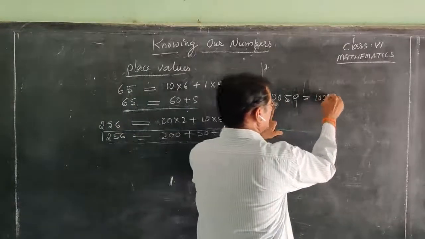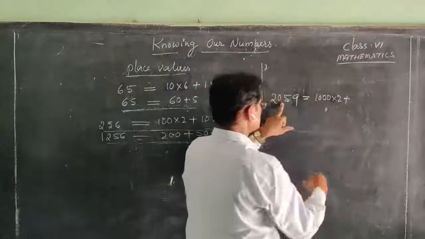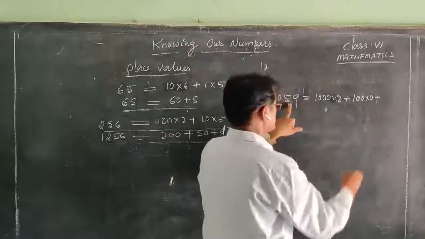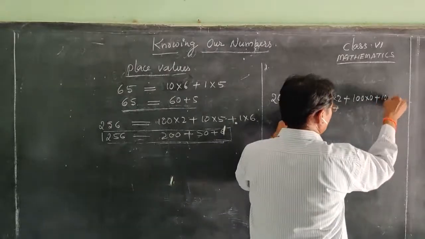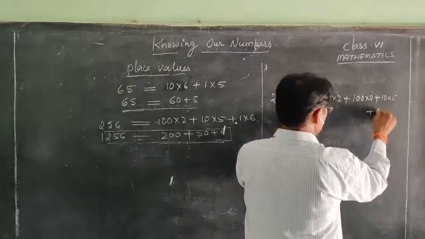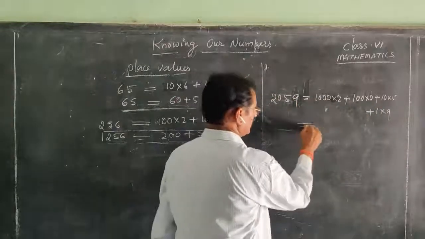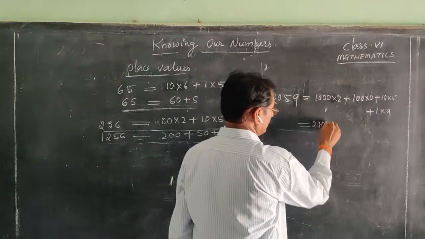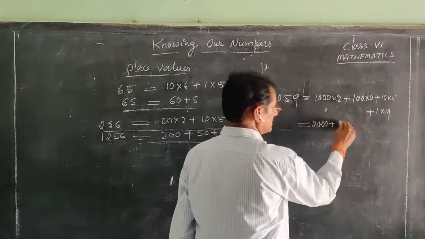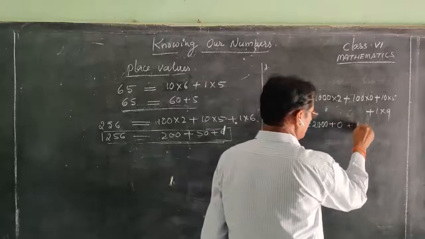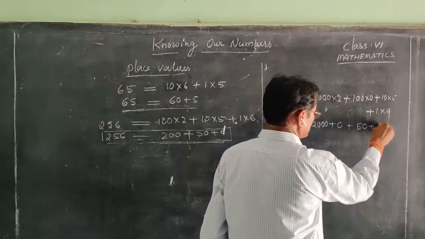So 1000 into 2 plus 100 into 0 plus 10 into 5 plus 1 into 9. 2000 plus 100 into 0, which is nothing but 0, plus 50 plus 9.